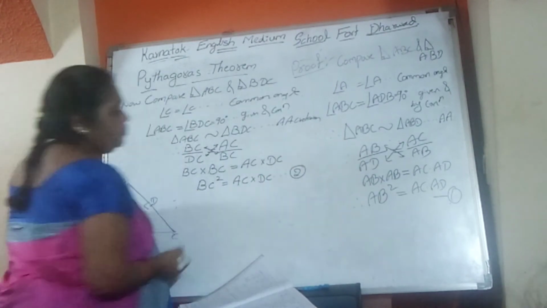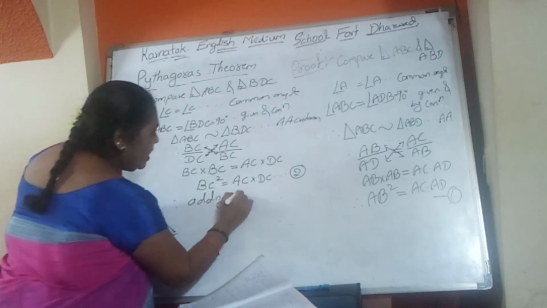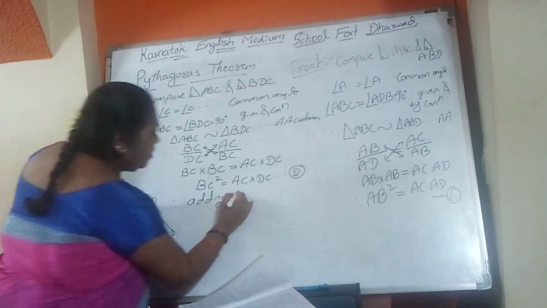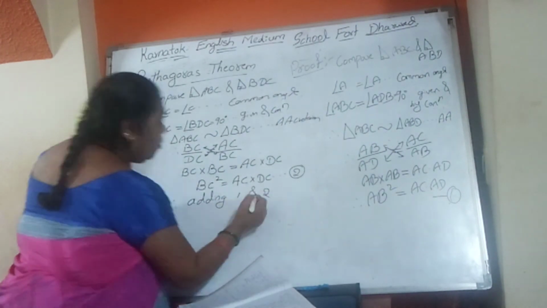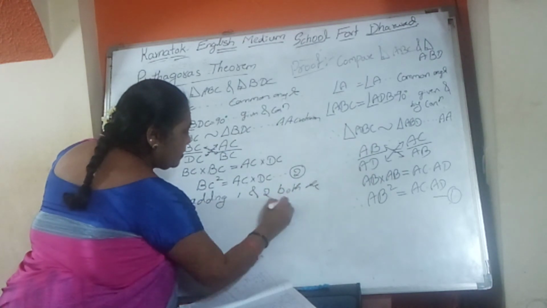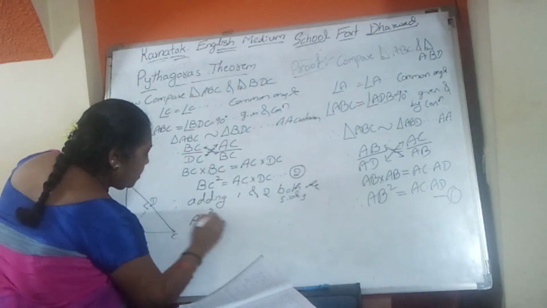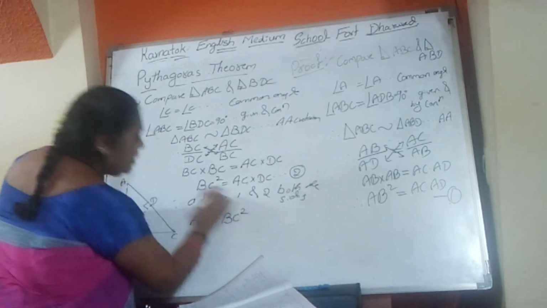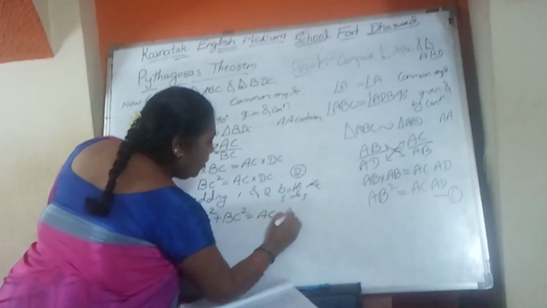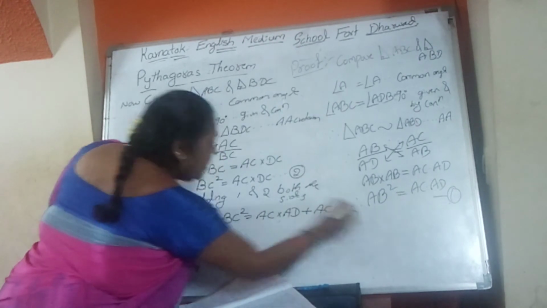This is 2. Adding 1 and 2 on both sides, LHS and RHS. So, AB square plus BC square in LHS equals AC into AD plus AC into DC.